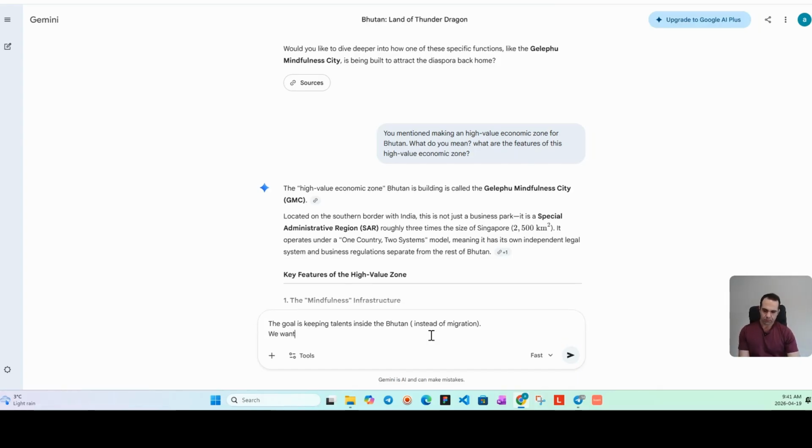We want to develop a plan for this. This plan has three functions.